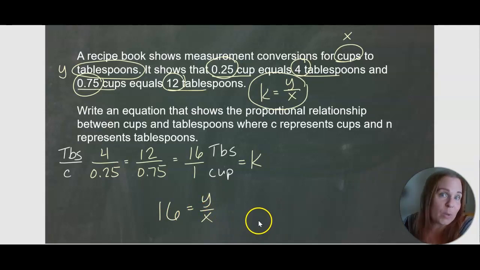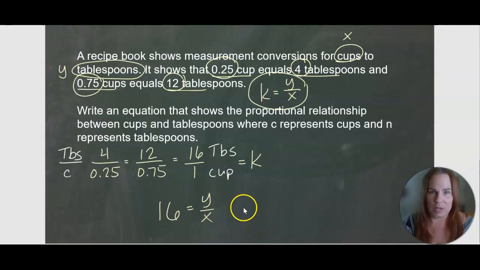Now that is an equation. But usually when we see these equations that relate one quantity to another, it's going to be y equals. Almost every time it's going to be y equals. So I need to get this equation to just be y equals.